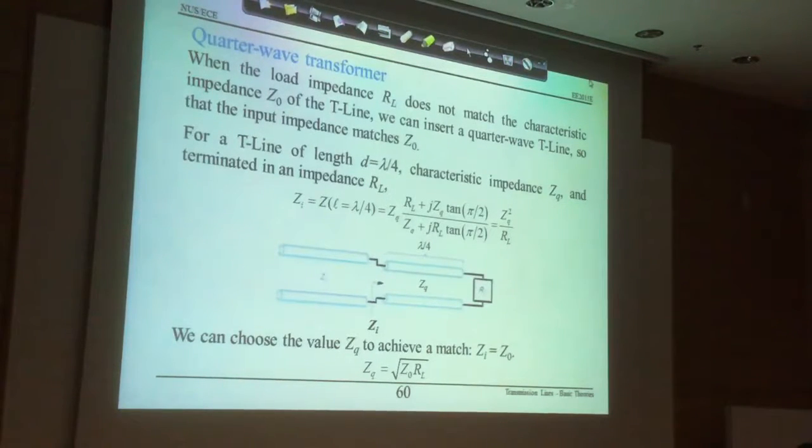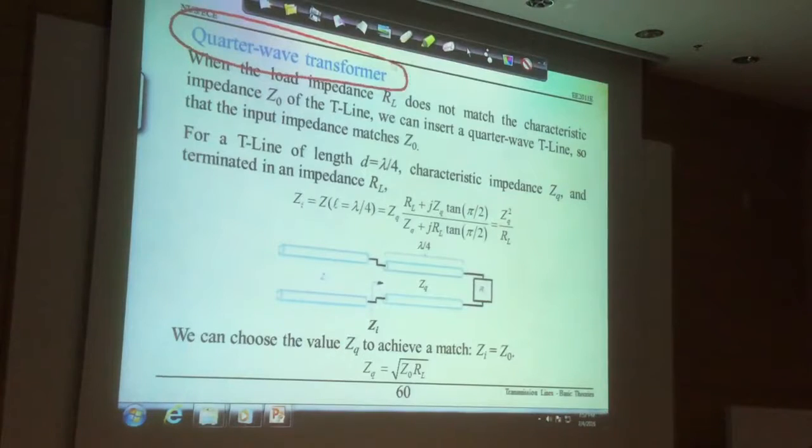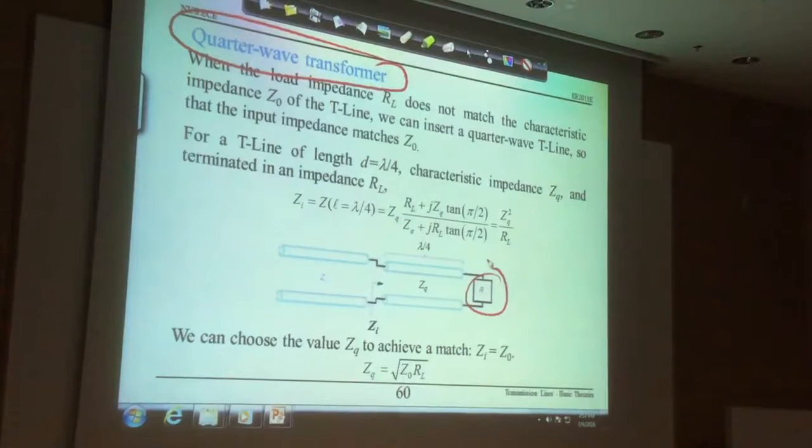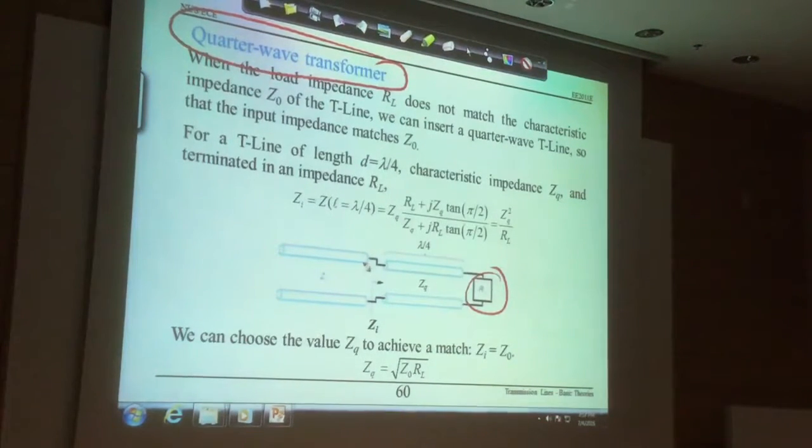Quarter wavelength transformer. Just now we mentioned this is a very, very important concept. Maybe we go through when the load impedance does not match the characteristic impedance.